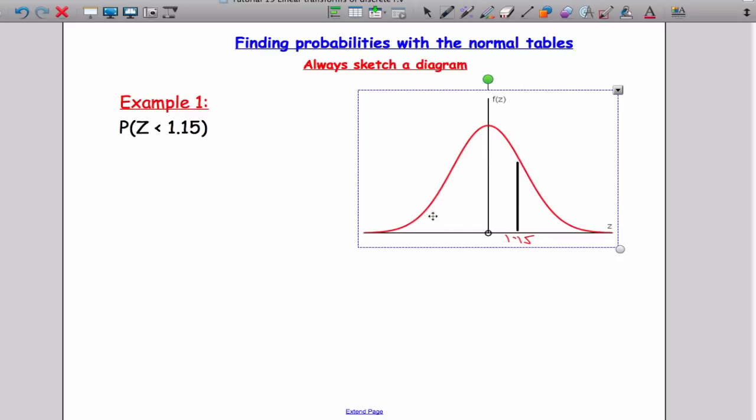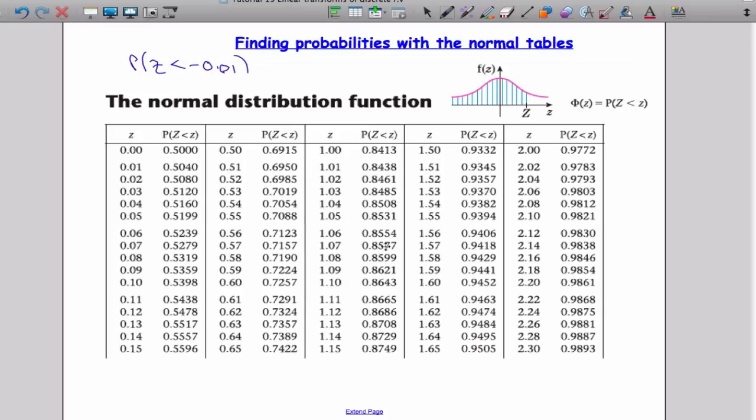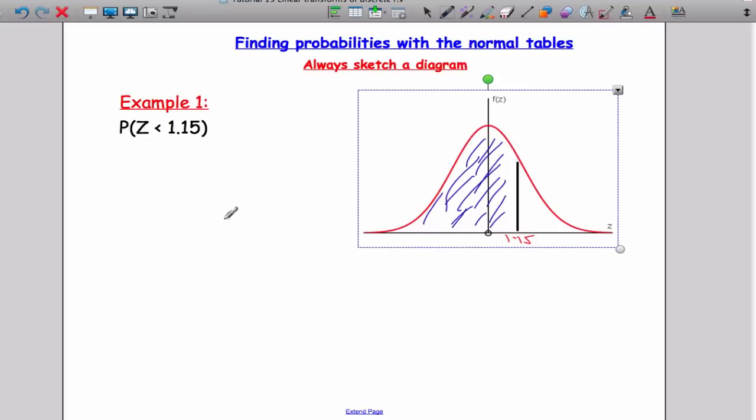What I'm trying to work out is the area to the left of this line, because it's less than 1.15. So I go to my table and I look up where Z is 1.15, and we can see here that the answer is going to be 0.8749.